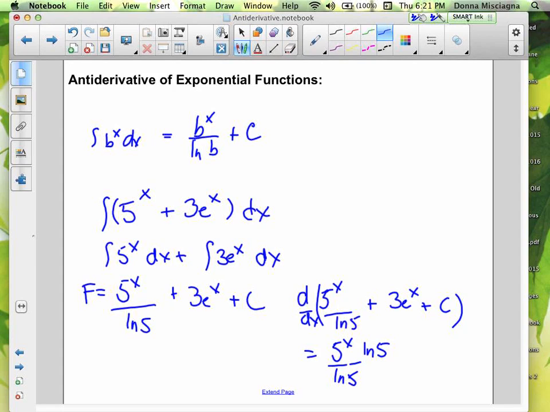The division by natural log of 5 is there, and it's just a constant term. Plus, the derivative of 3e to the x is 3e to the x, and the derivative of the constant, of course, is 0. And that would cancel out, giving us 5 to the x plus 3e to the x, which is exactly what we started off with.